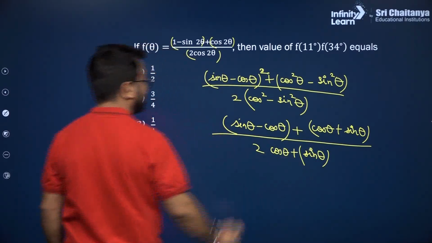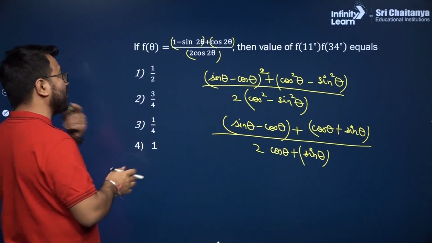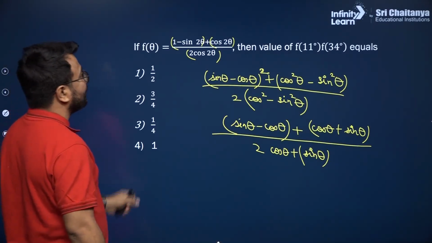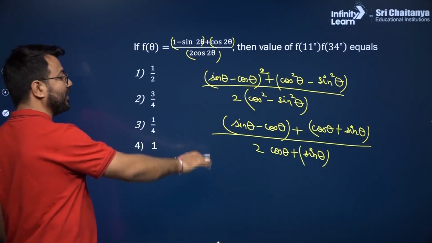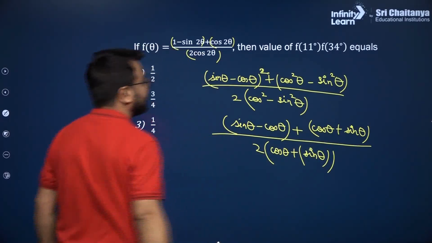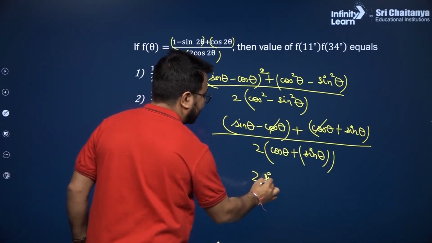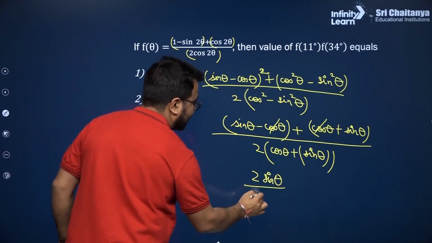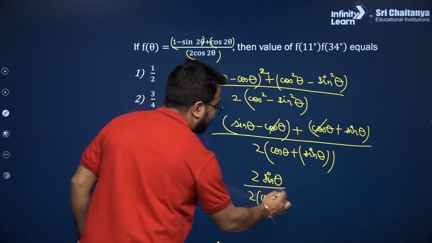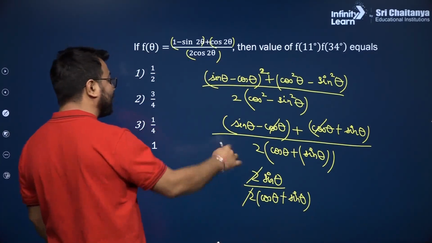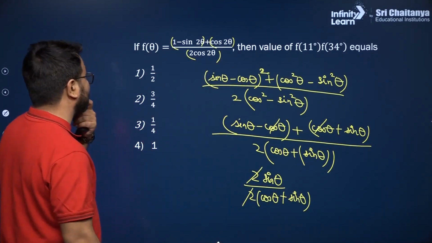I hope you are able to understand this. Okay, after taking this cos minus sine common from both numerator and denominator, I will be left with only this expression. Okay, now if I try to simplify this, cos and cos both are getting cancelled. It will be 2 sine whole divided by twice of cos plus sine. So what I can observe from here, that 2 and 2 both are getting cancelled, and only we are left with sine theta upon sine plus cos.